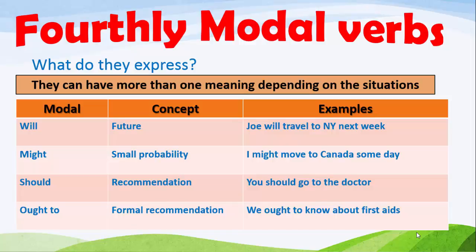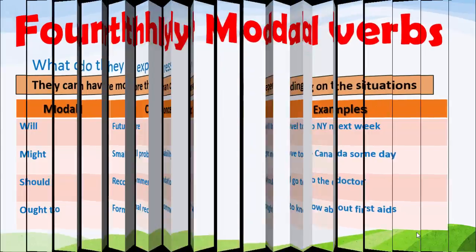And ought to is used to express formal recommendation. We ought to know about first aid. So this is formal recommendation. If you want to recommend something formally, you can use ought to.